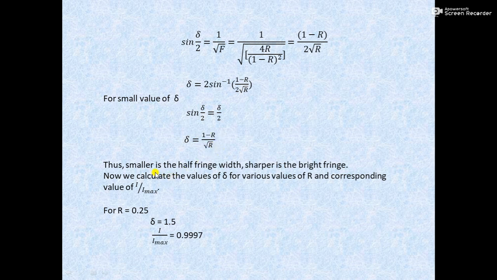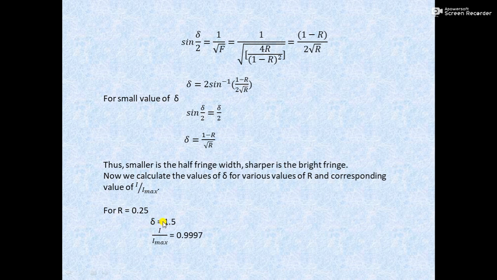Thus, the smaller the half fringe width, the sharper is the bright fringe. Now, let us calculate the values of δ for various values of r, that is, the various values of reflection coefficient, and the corresponding values of I/I max. First, let us take r = 0.25, that is 25% reflectivity.